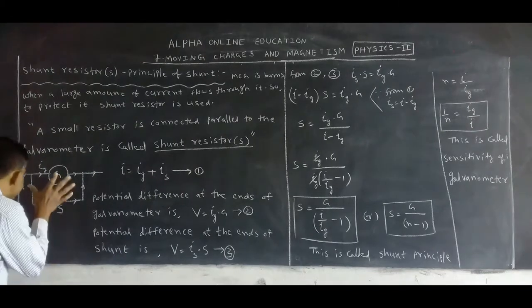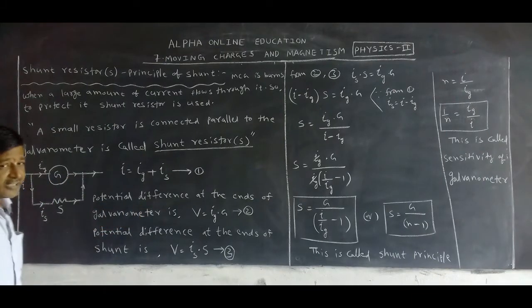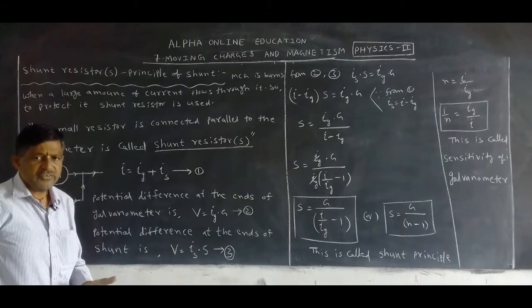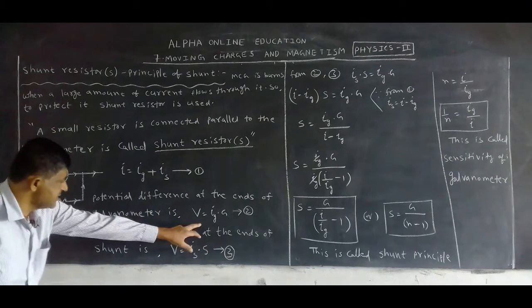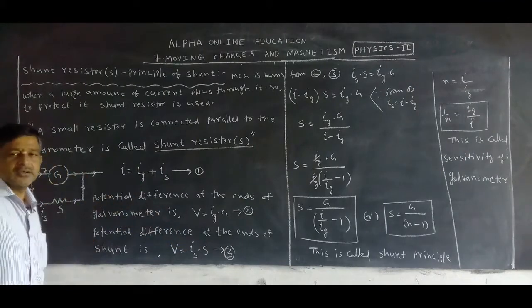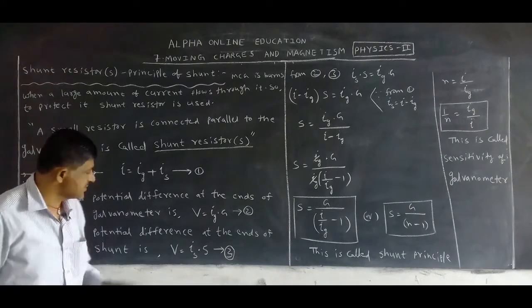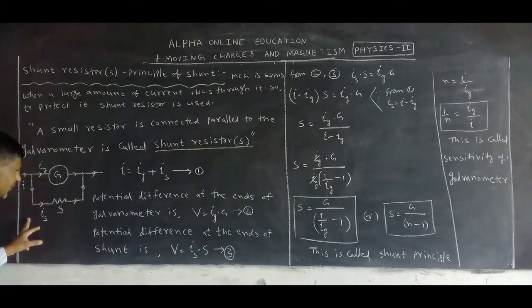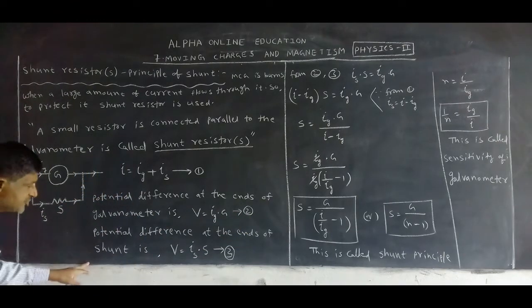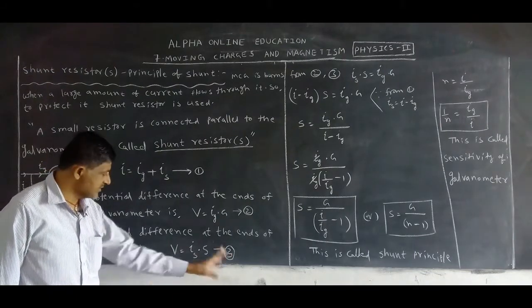Now the potential difference at the ends of the galvanometer: V is equal to IR, but here I means Ig and R means G. So V = Ig G. Let us take this as equation 2. Next, the potential difference at the ends of the shunt is V = Is S. Let us take this as equation 3.